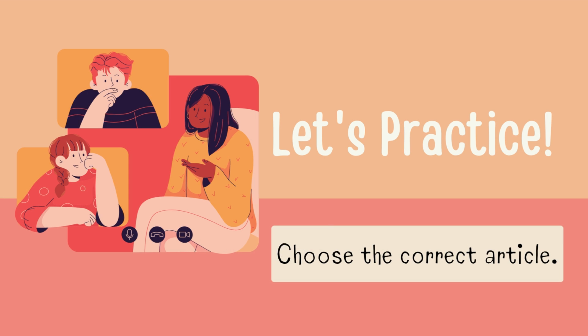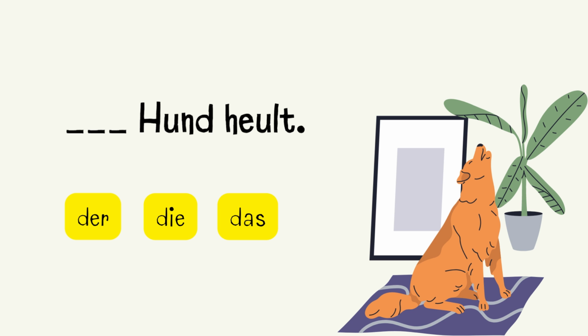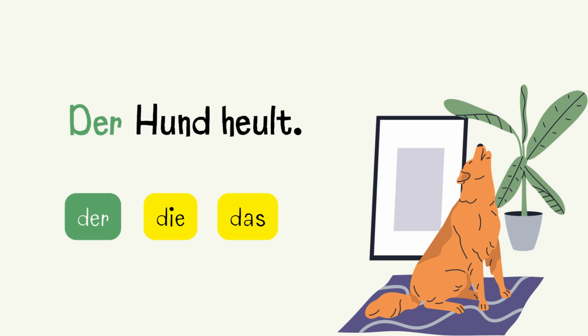Let's practice. What you have to do is to choose the correct article. Here is the first question. Richtig, der Hund heult.